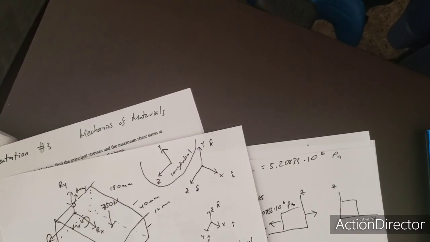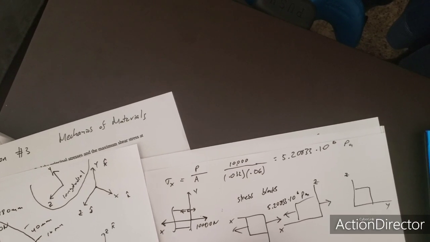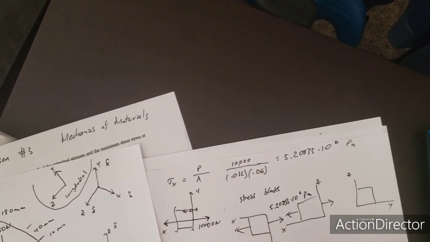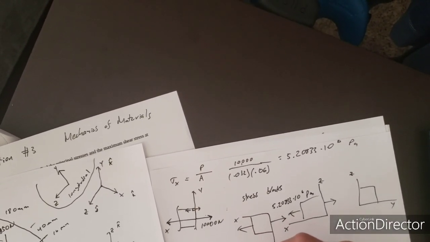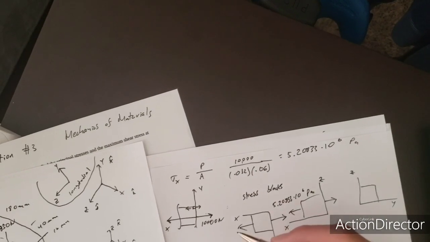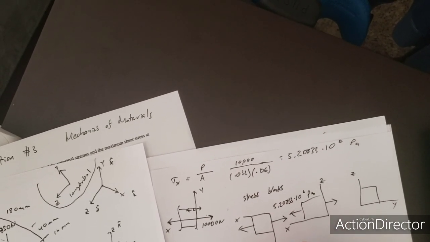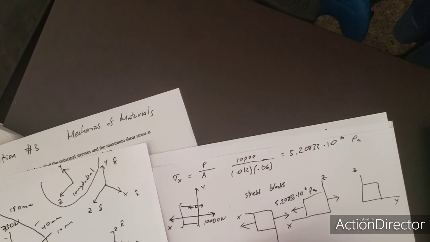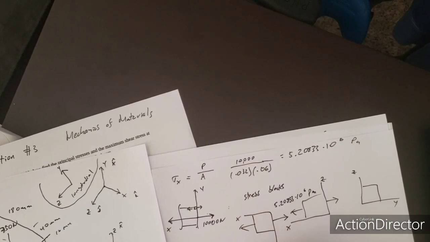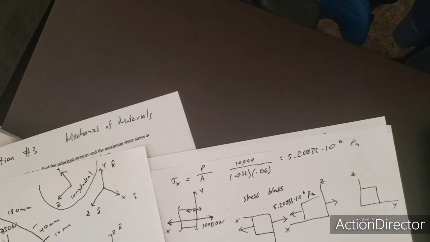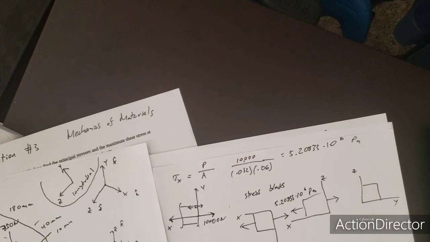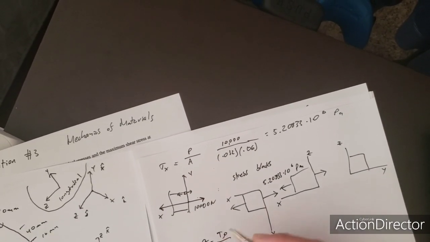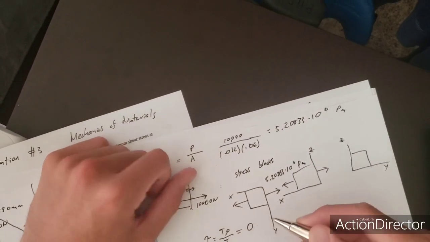Then the next one. Let's see, we found it was Mx. And when you have a reaction moment about the longitudinal direction, you're going to want to use a torsion formula, and the formula for torsion is just tau is equal to T rho over J. Now here, the reaction moment is just 0, so T here is 0, so everything will just go to 0.